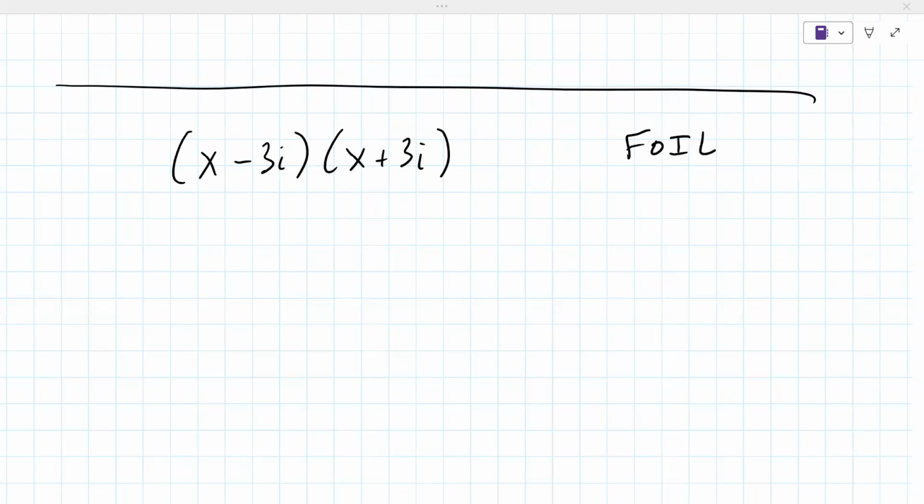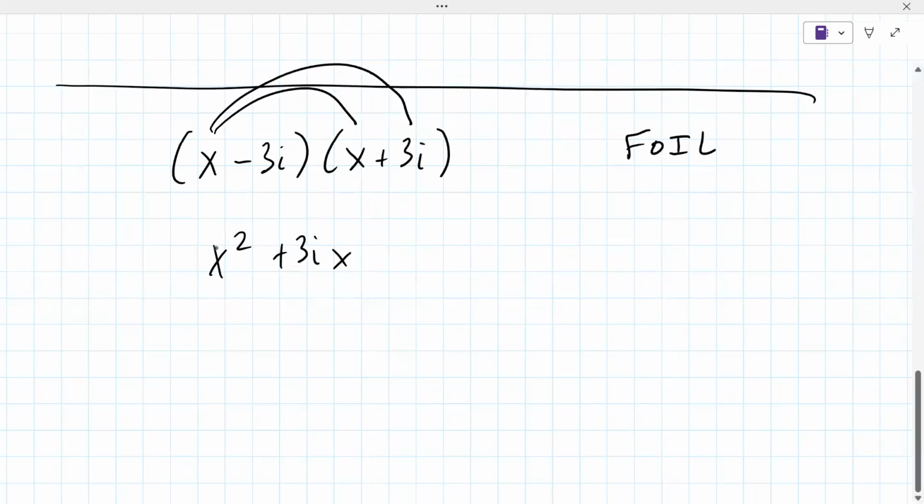So would it be x squared plus 3ix? That's the first multiplication. That's x times x and x times 3i. You got to keep going with the other one, the O and the I and the L.